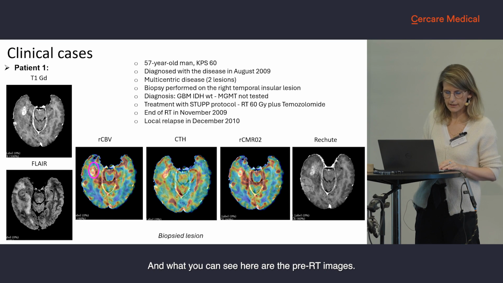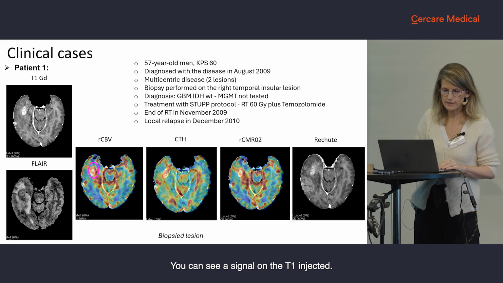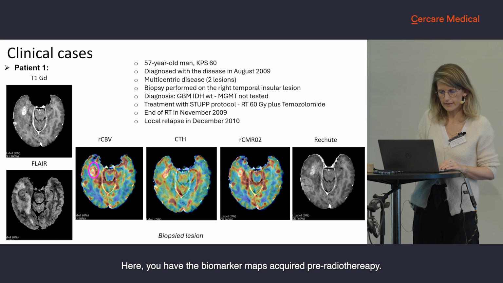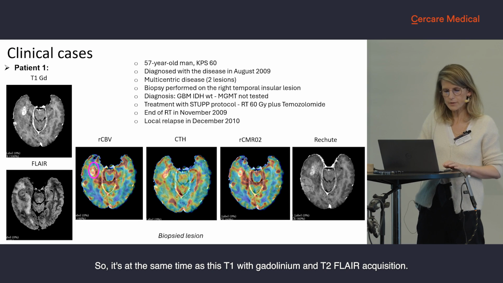And what you can see here are the pre-RT images. You can see a hypersignal on the T1 injected. The FLAIR signal is quite mixed. And here you have the biomarker maps acquired pre-radiotherapy, at the same time as this T1 with gadolinium and T2 FLAIR acquisition.